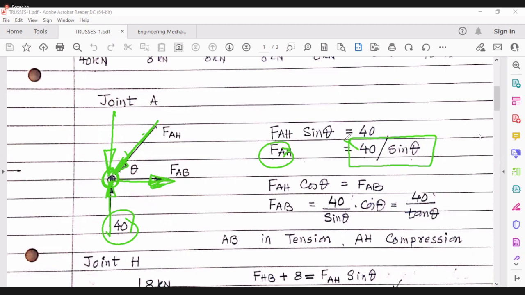And FAH cos theta should be equal to FAB in magnitude.